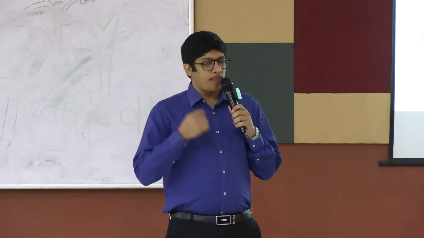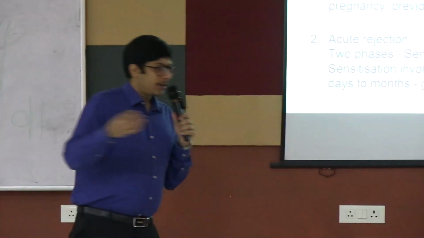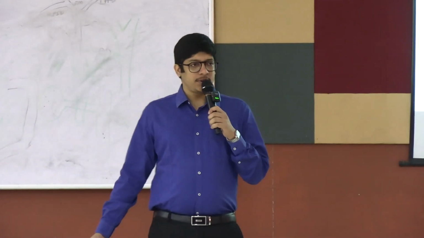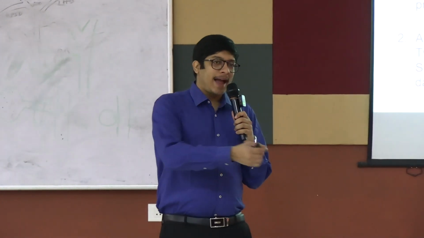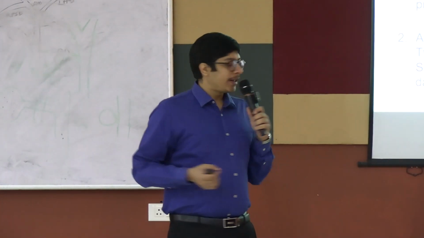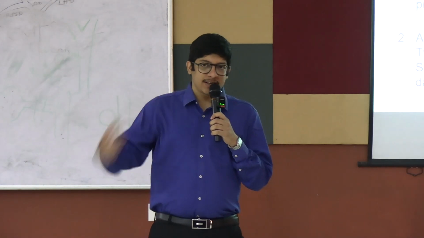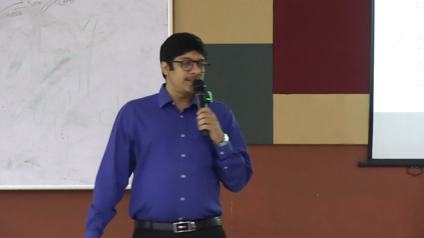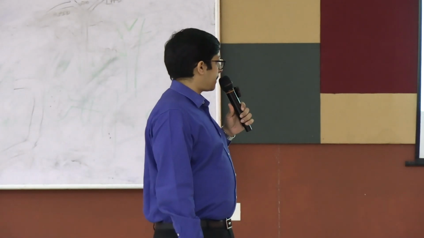Number two is acute rejection. Acute rejection is the most common type of transplant rejection that we encounter. We have discussed how this happens. First, there is a sensitization phase whereby the antigens are recognized by the body, and then the effector phase where the T cells are activated by the antigen, and this leads to release of cytokines and induction of B cells for antibodies and apoptosis.